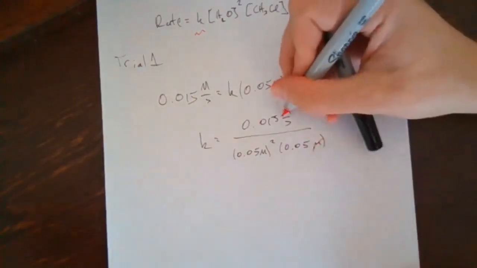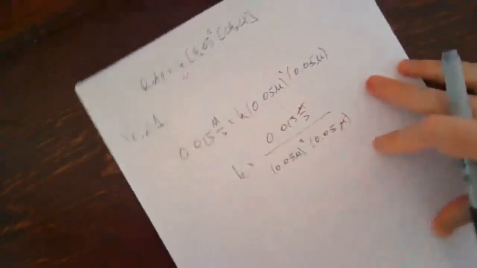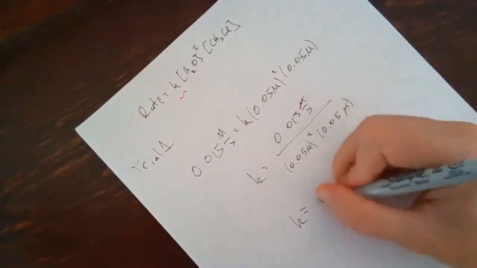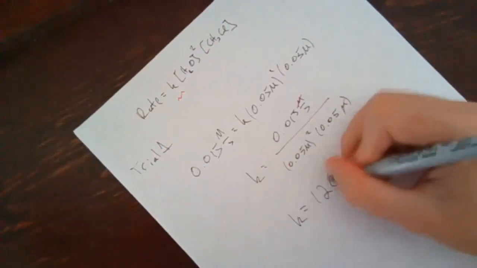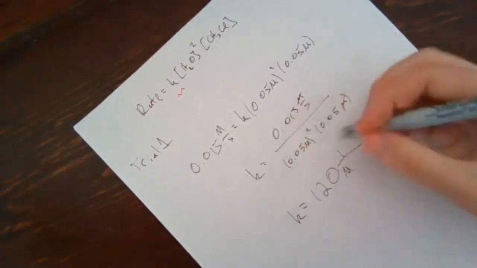With the units, one of those molarities is going to cancel out. And what we are going to be left with, if we do it numerically, is I think we get 120. And then 1 over molar squared is still there, times seconds.